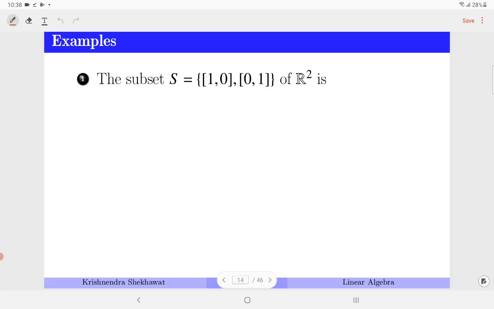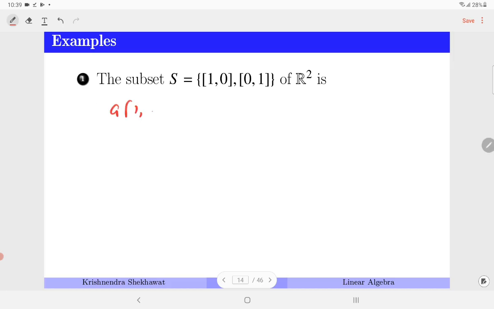Let's see a first simple example. The set S = {(1, 0), (0, 1)} of R2. Again, whenever vector addition and scalar multiplication are not defined, we are considering the usual addition and usual scalar multiplication. So if I am just writing a subset of R2, it means I am talking about usual addition and scalar multiplication. I need to check, is this set LI or LD? To check it, I must write the vector equation.